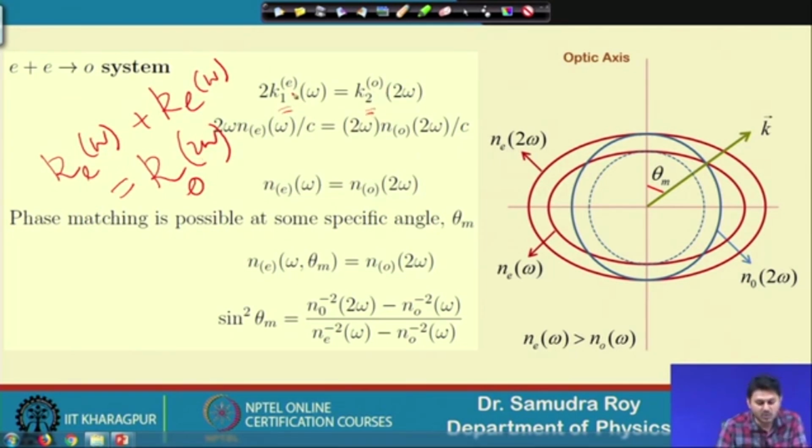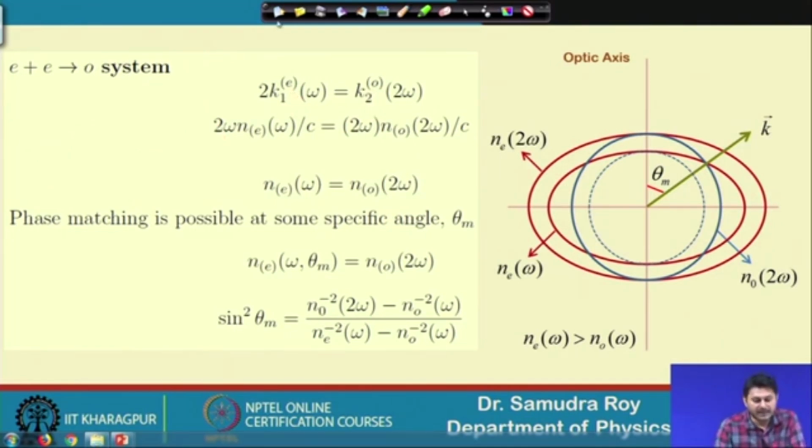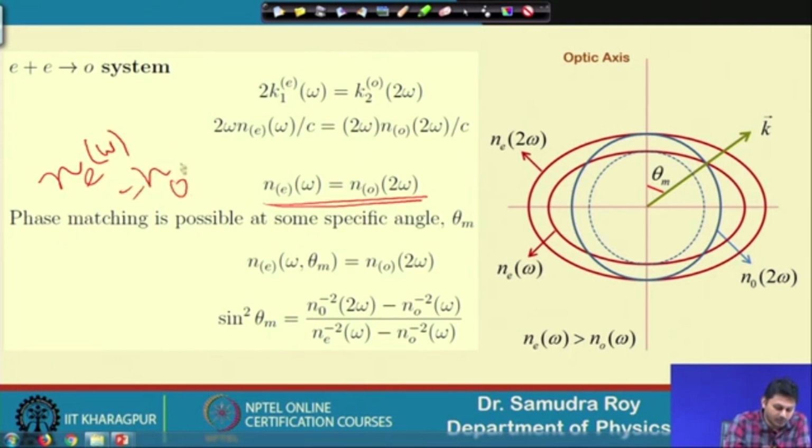This is how ordinary and extraordinary are symbolized. Now, again we are doing the same thing, but here we find one important condition: now n_e of omega is equal to n_o of 2 omega.